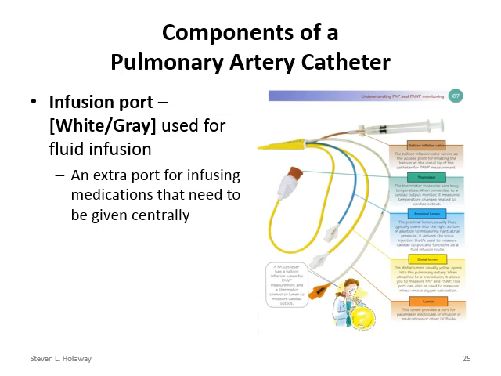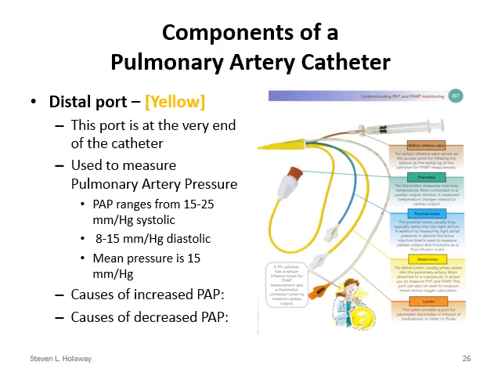Now, the infusion port can be white or gray. Again, it's just an extra line to deliver fluids into the central circulation for your patient. The yellow port is for basically measuring the pulmonary artery pressure. When we look at that pulmonary artery pressure, what we may be looking at is right ventricular function.